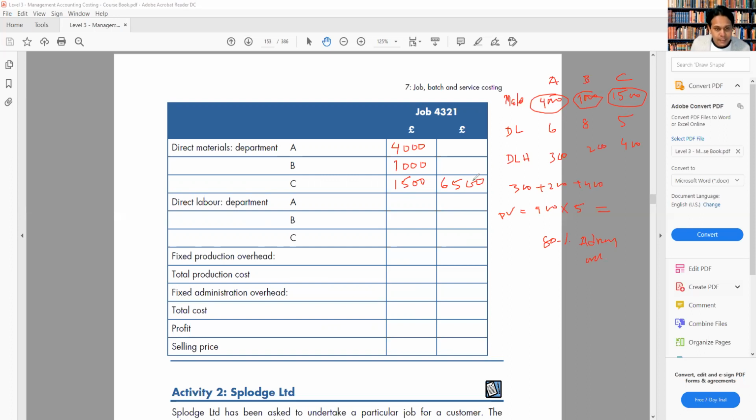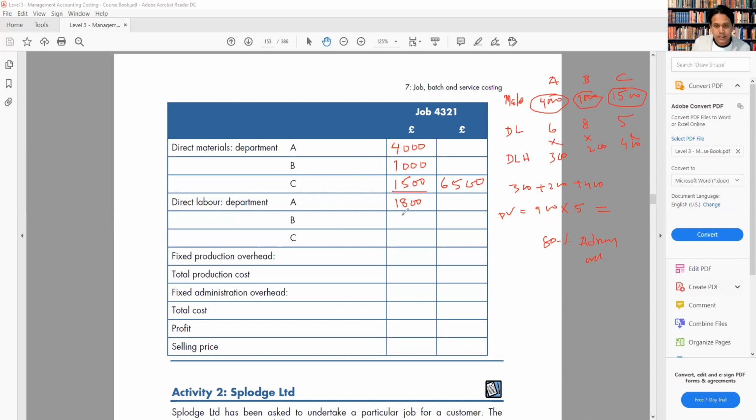Then we'll do the direct labor. So how much is the labor cost we have? For the direct labor, they said for department A, 300 hours and per hour is 6. Department B, 200 hours per hour is 8. Department C, 400 hours per hour is 5. So the first one, 300 times 6, that gives me 1,800.